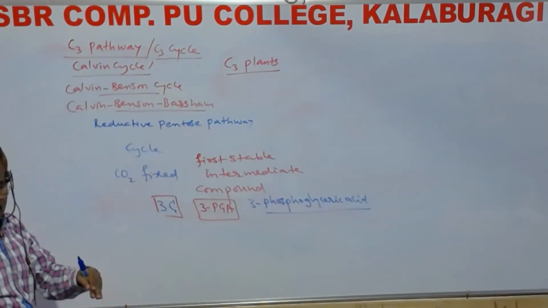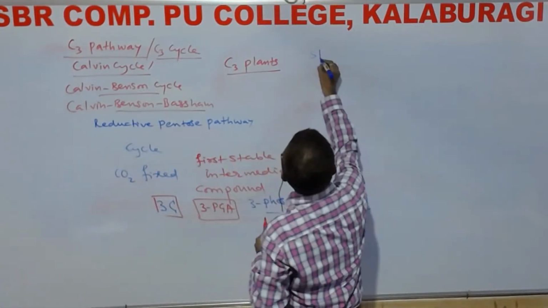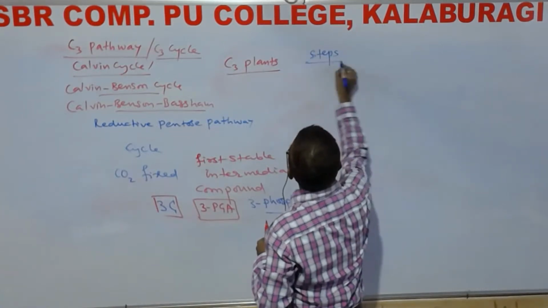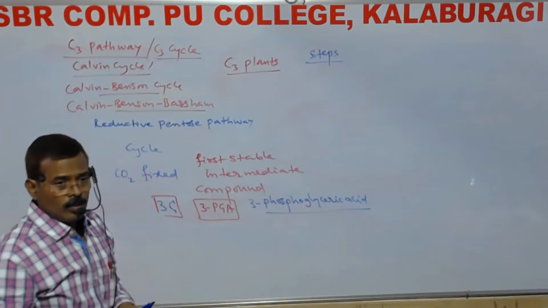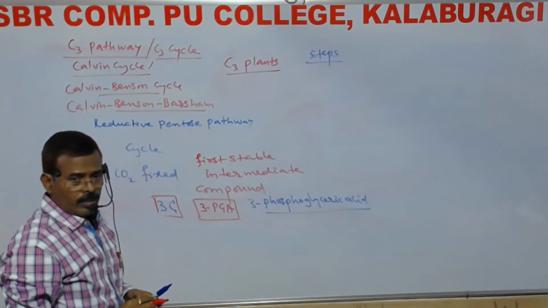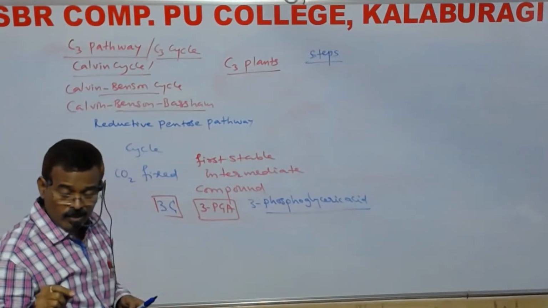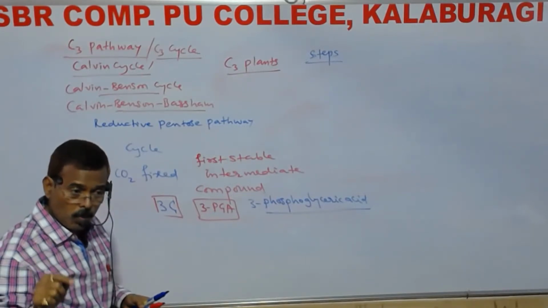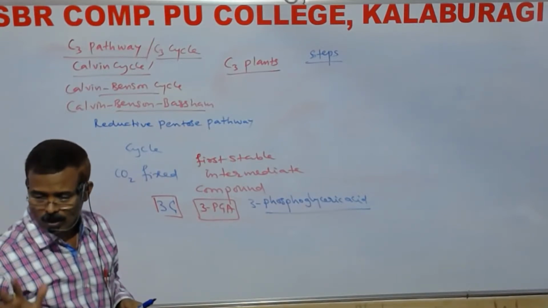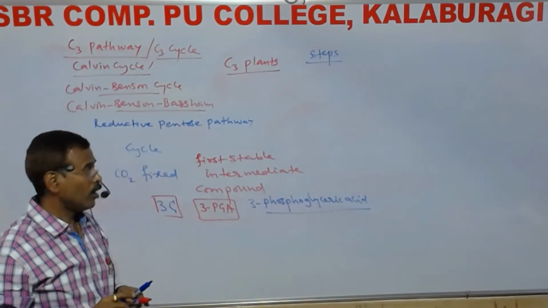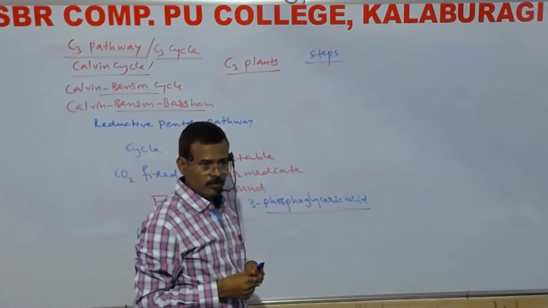What are the steps involved in the C3 pathway? The Calvin cycle C3 pathway enzymes are present in the stroma or matrix of the chloroplast. That's why this cycle occurs in the stroma or matrix of the chloroplast. Remember. So what are the different steps of this C3 pathway?